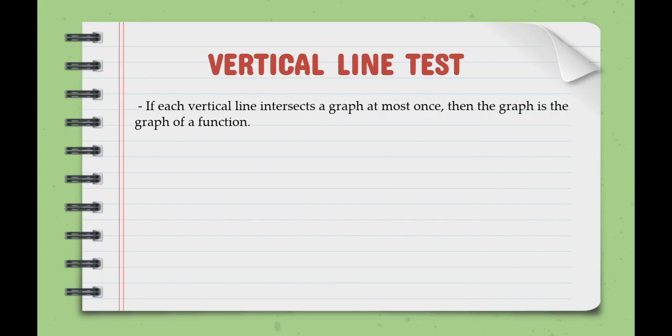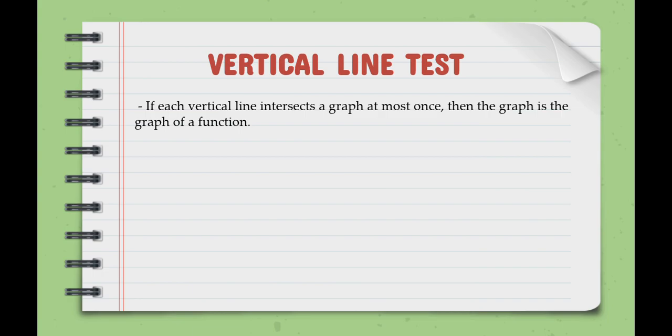Eto naman po. What if lamang po kung mag-identify tayo if the relation or not given the graph. So, ito po ang ating gagamitin. We have the vertical line test. If each vertical line intersects a graph at most once, then the graph is the graph of a function.